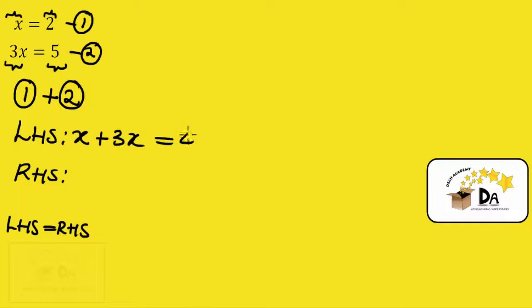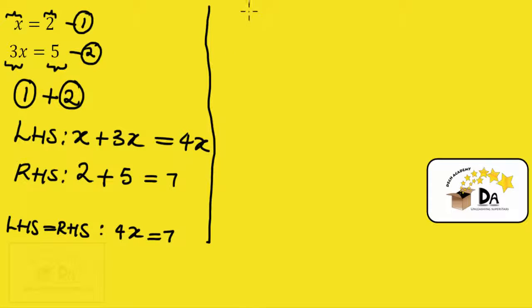This gives 4x. The right-hand side addition, in equation 1, the right-hand side is 2. We're adding that to the right-hand side of equation 2, which is 5. That gives 7. So equating the two results, we get 4x equals 7. And that is the result of the addition of equation 1 and equation 2. So nothing difficult about that.